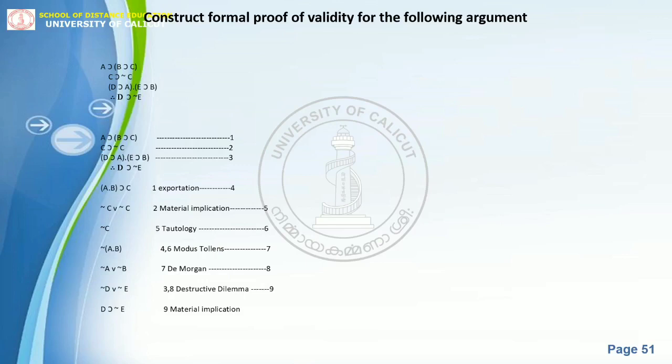Then what will it become? Initially C implies negation C will become negation C or negation C. It means we can say that it is a tautology. That is, we can write, again we are using the rules of replacement.